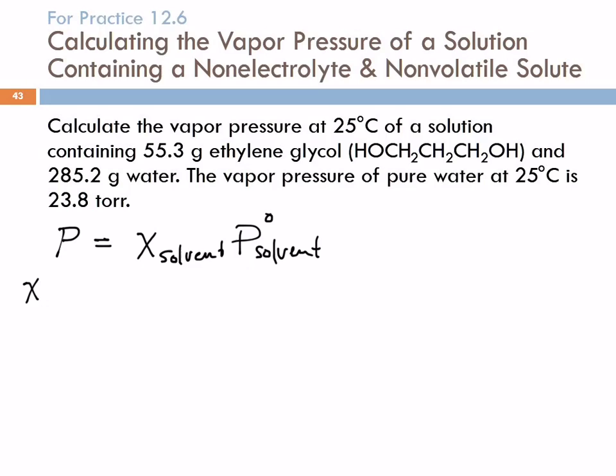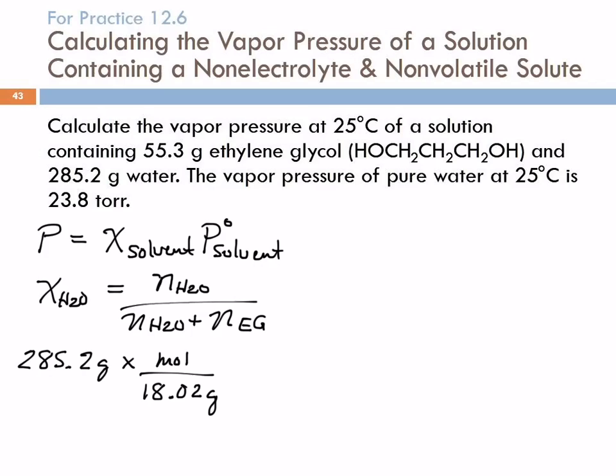So we need the mole fraction of H2O, and that will equal the moles of H2O divided by the moles of H2O plus the moles of, we'll call it EG. So 285.2 grams of water.